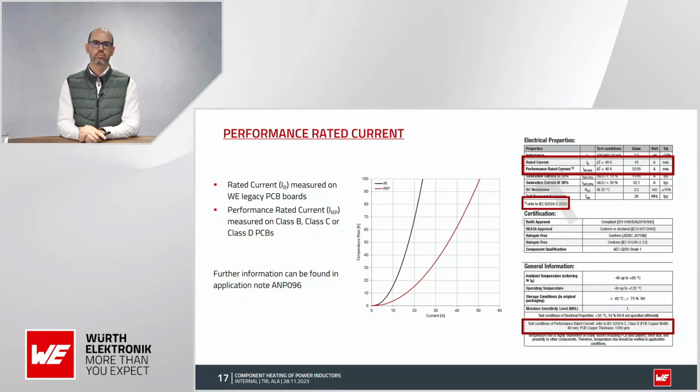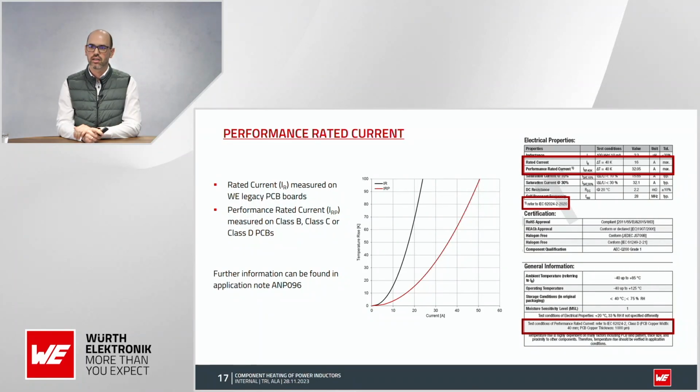Good. So performance rated current, to sum up. What is it? We have 2 kinds of rated currents in the data sheet. The rated current, like it is named here on the right side at the top, is how we measured it in the past. We have a so-called WE legacy PCB, which is, let's say, similar to the PCBs out of the IEC, but not identical.